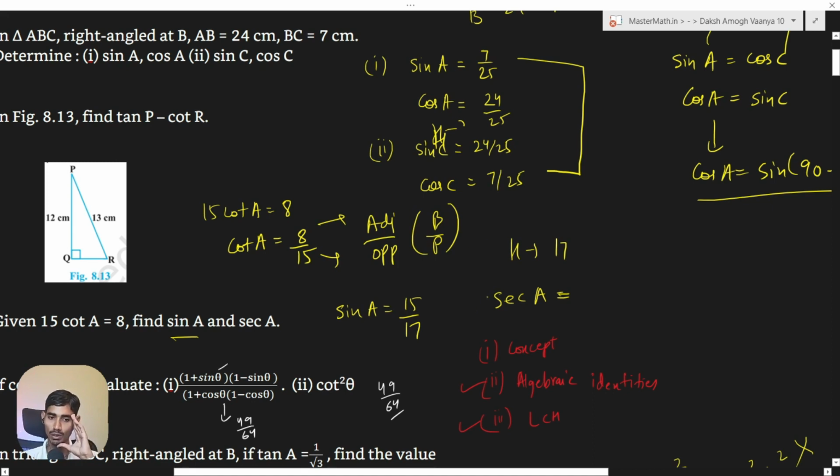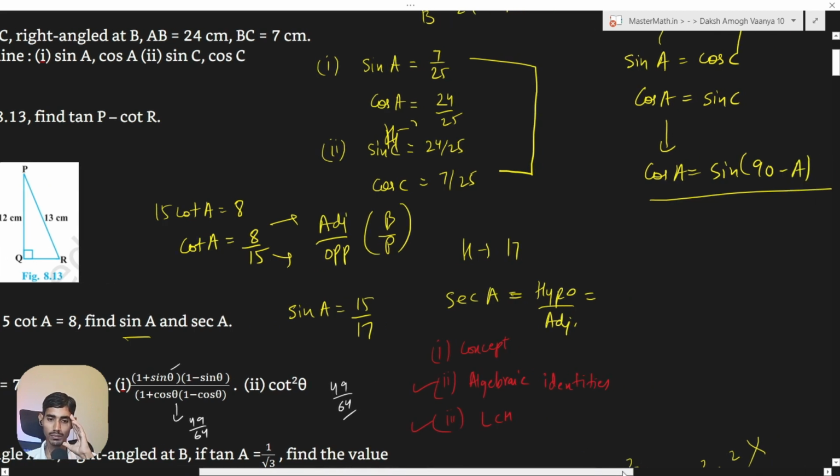In terms of adjacent, opposite, hypotenuse, what did we write? What was cos? Adjacent by hypotenuse. So this would be hypotenuse by adjacent. Tell me the values. 17 by 15.